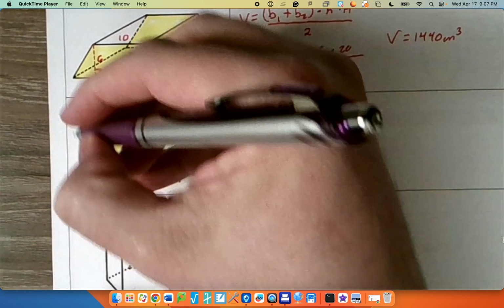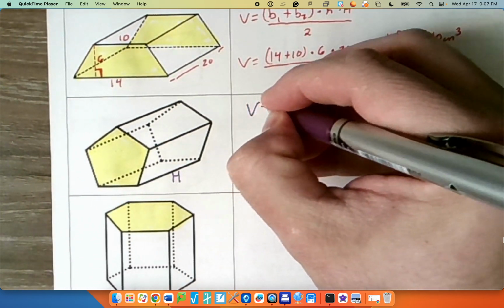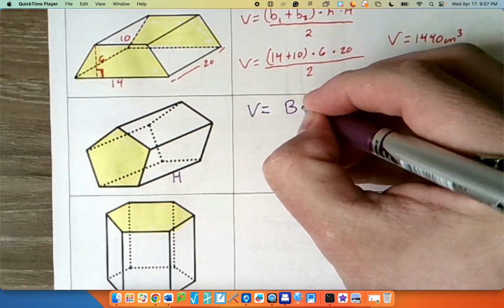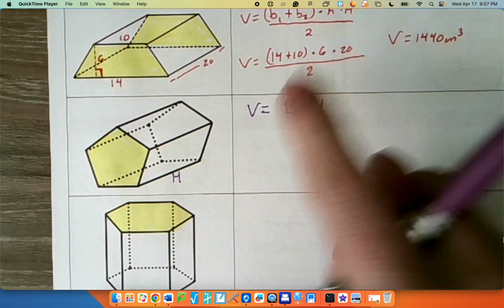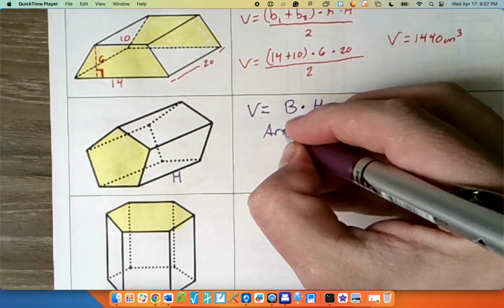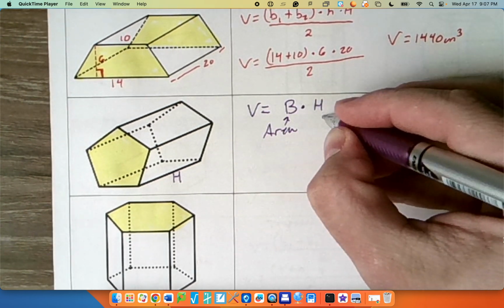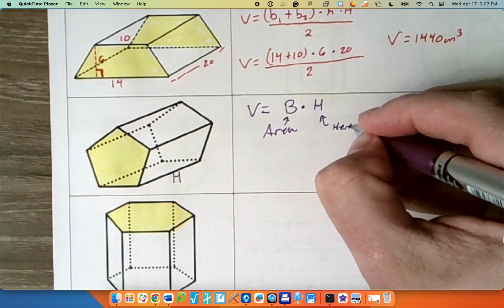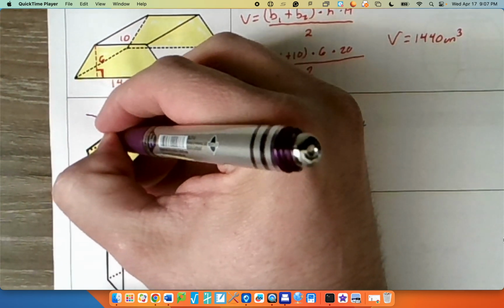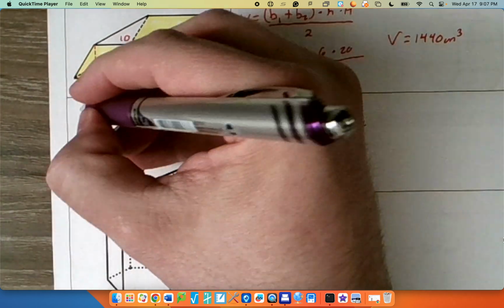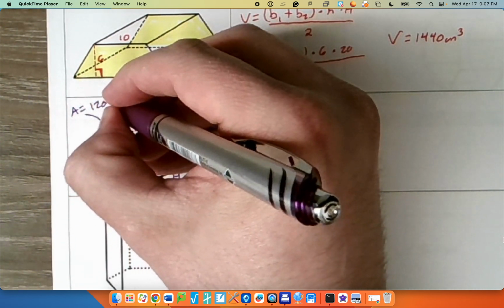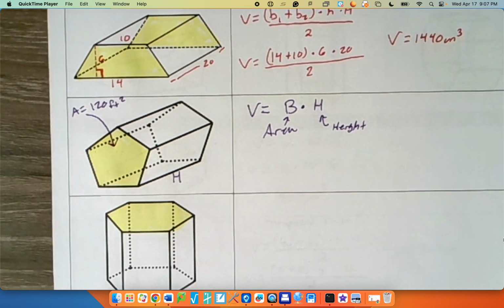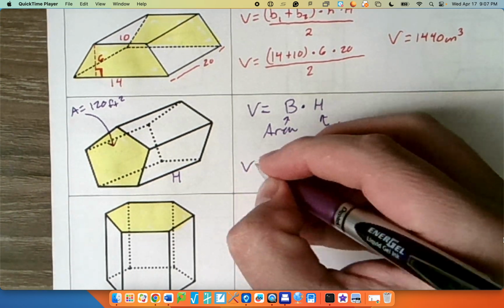I know you can do that. But remember, the volume formula for any prism is the area of the base times the height. So if I told you that this pentagon right here has an area of 120 feet squared, you don't have to go and find the area because I already told you what it is.